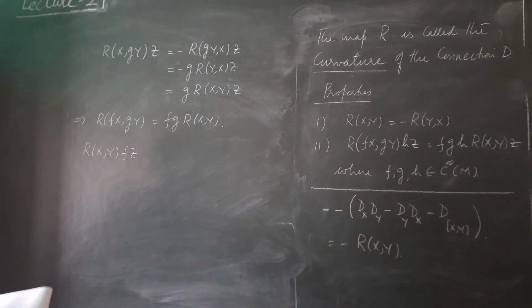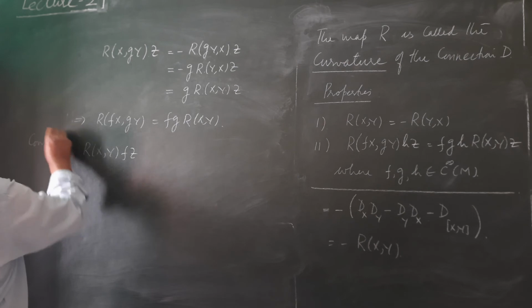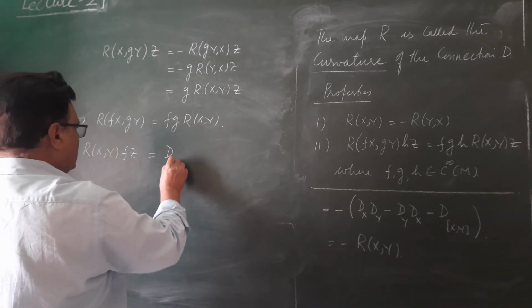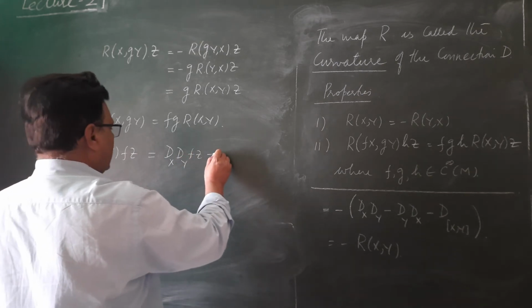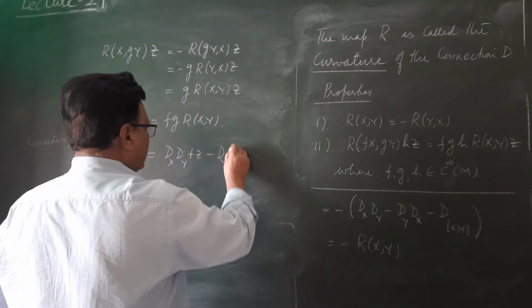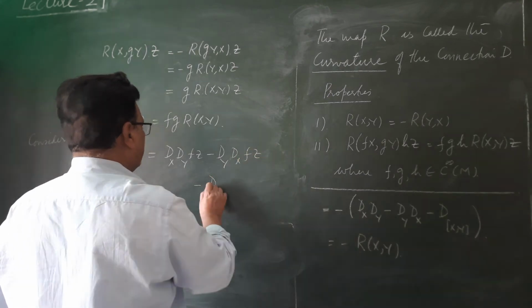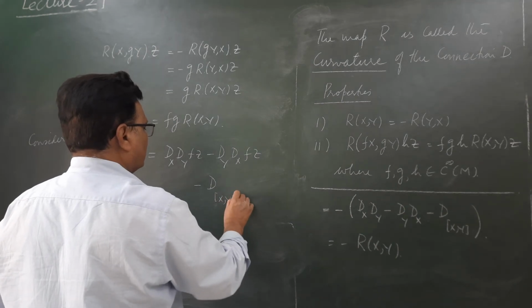So consider now this. According to the formula, this is dx dy fz minus dy dx fz minus d of Lie bracket xy fz.